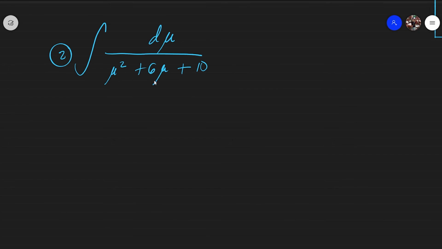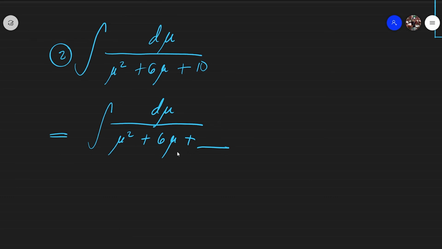But before you do that, you first have to manipulate the denominator. So what will you do? You can manipulate it like this. This is equal to the integral of d mu all over mu squared plus 6 mu plus something that will make this quantity a perfect square.